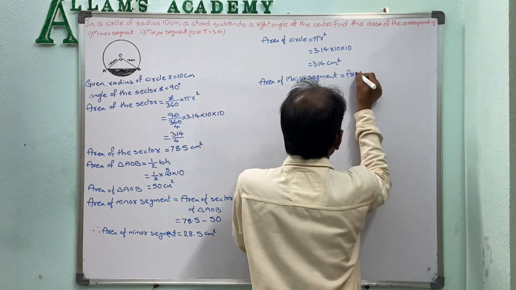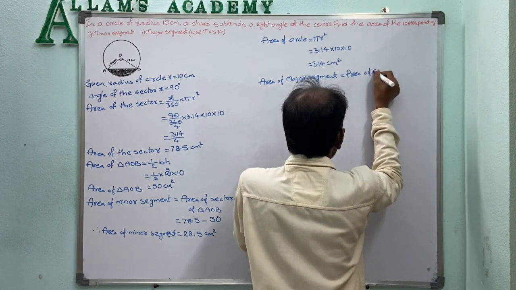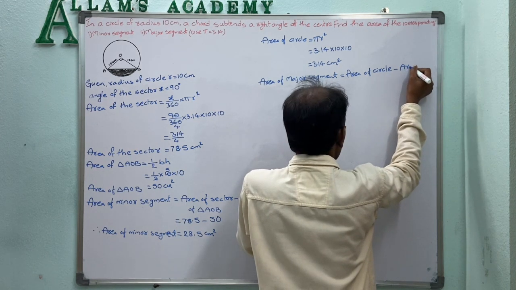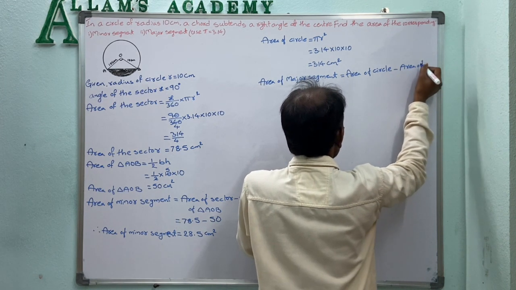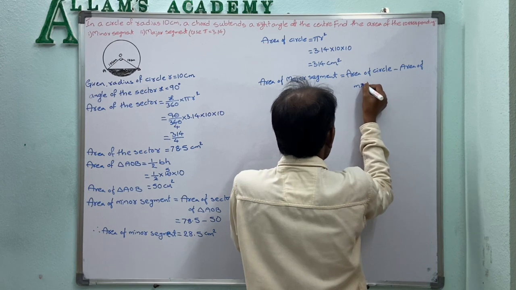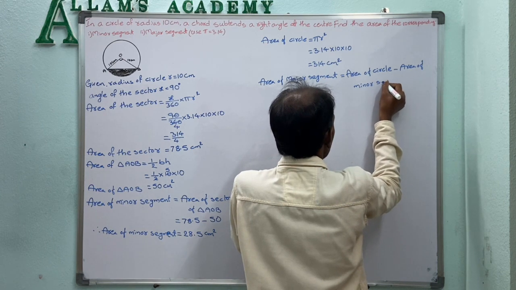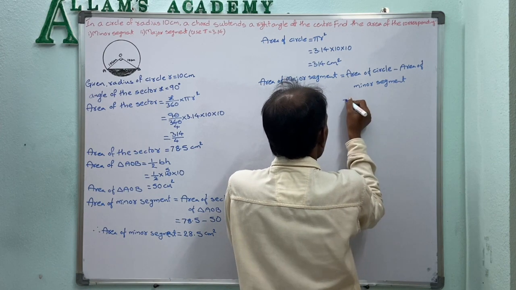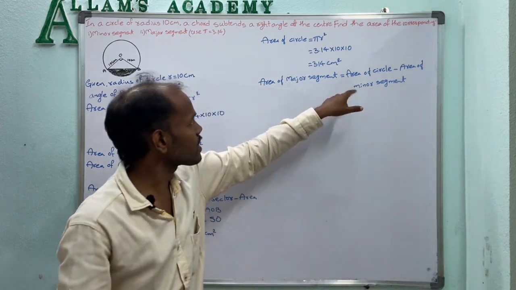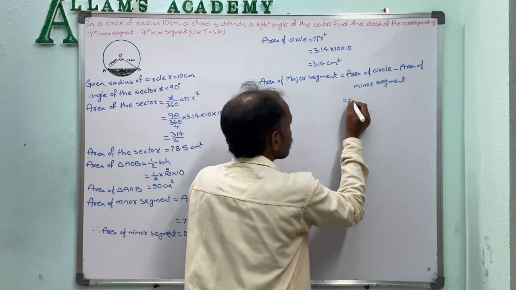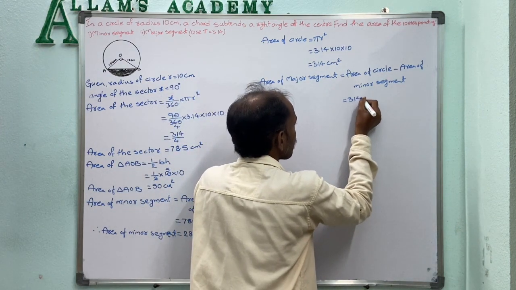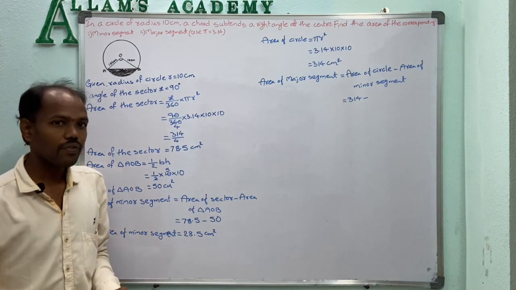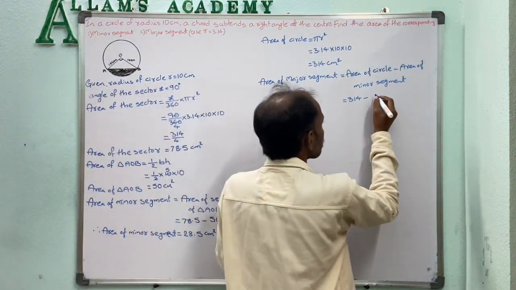Now the area of the circle is 314 minus the area of minor segment, which is 28.5.